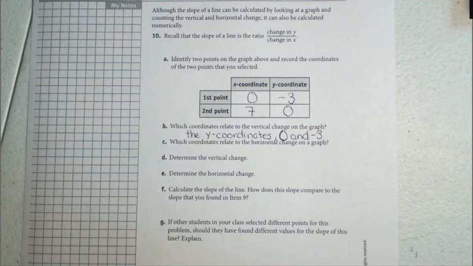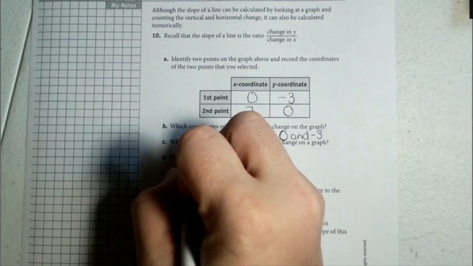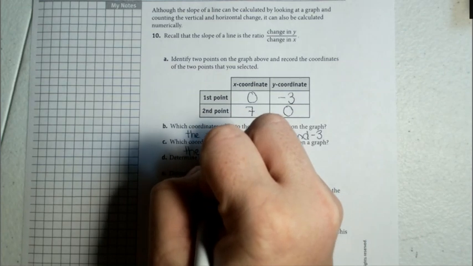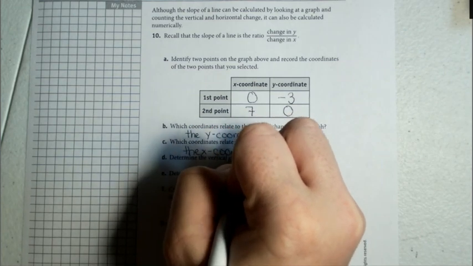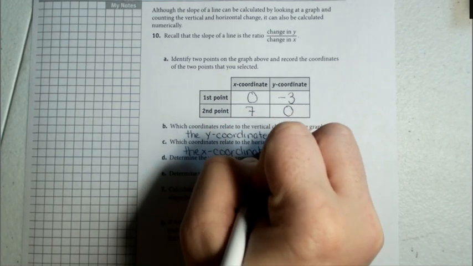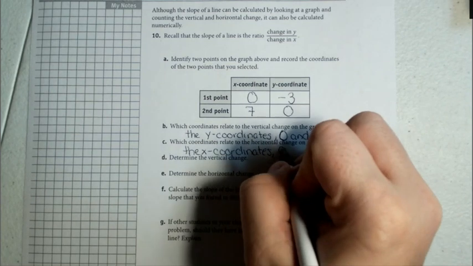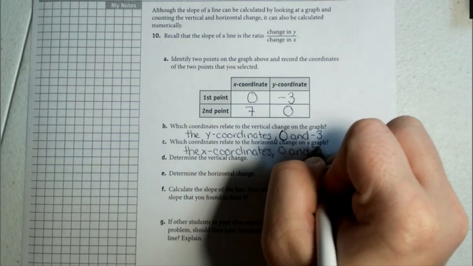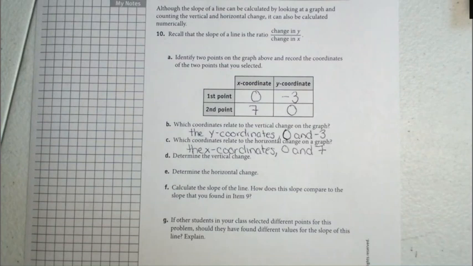Which coordinates relate to the horizontal change on the graph? So this would be my x coordinates, which are points 0 and 7, right?